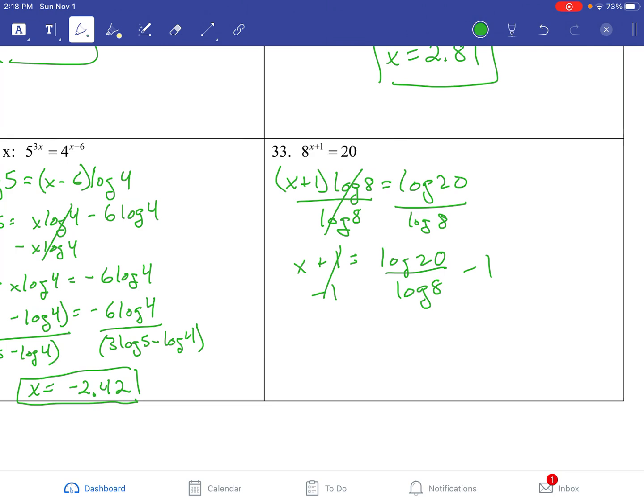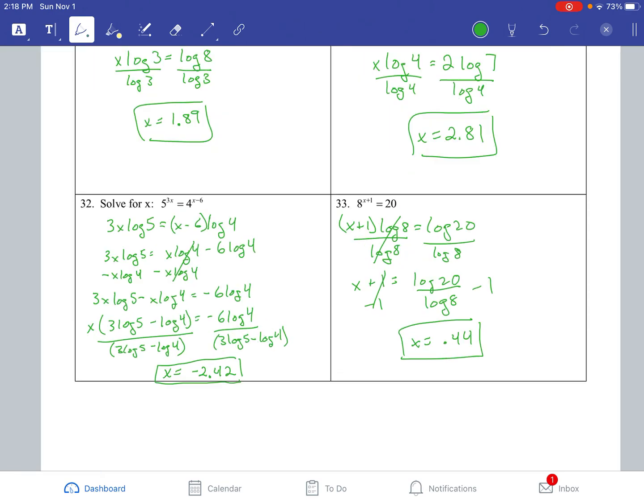If we have log of 20 divided by log of 8, then I have equals, and then I can minus 1. And I will get x will equal 0.44. If you multiplied the log of 8 out and did it that way, that would work as well. It wouldn't make a difference, but that does work.